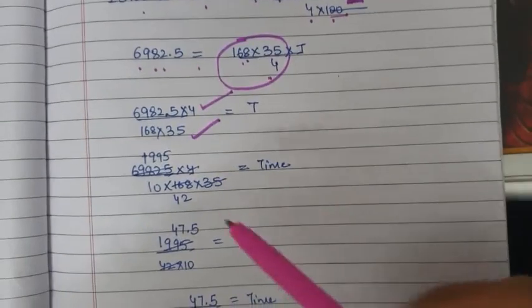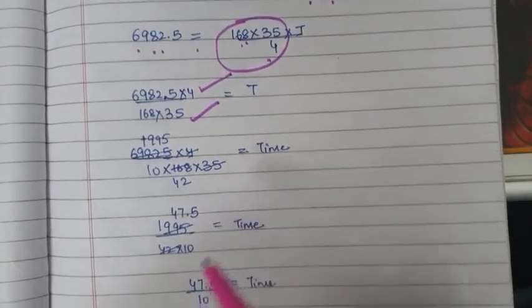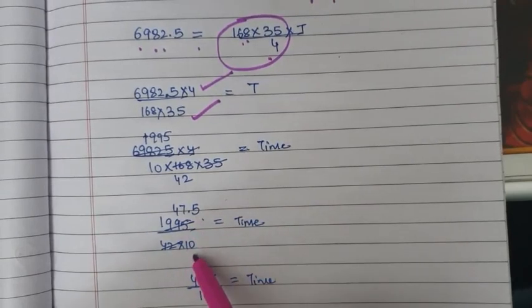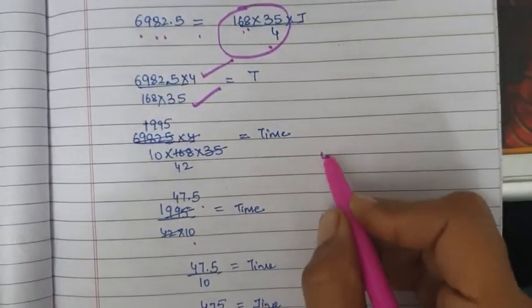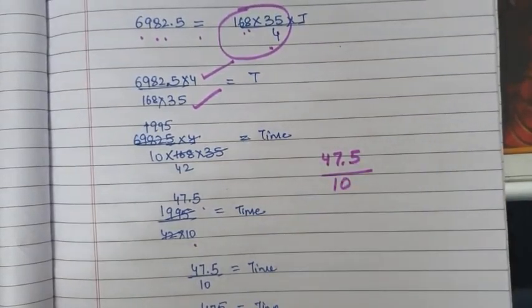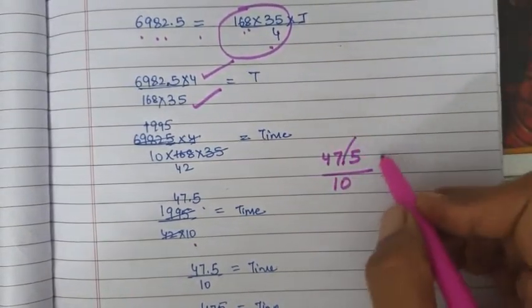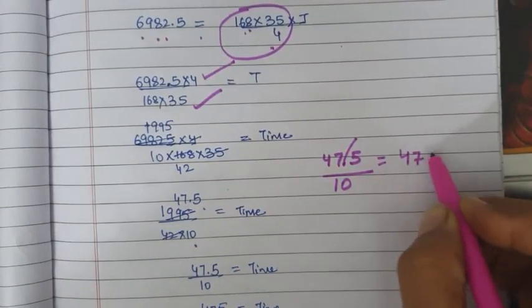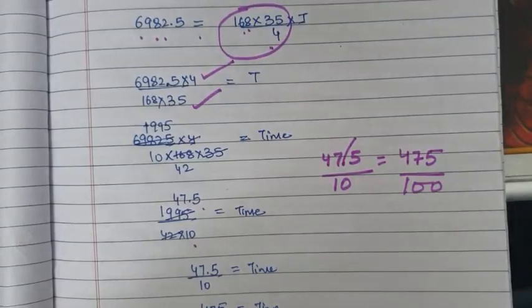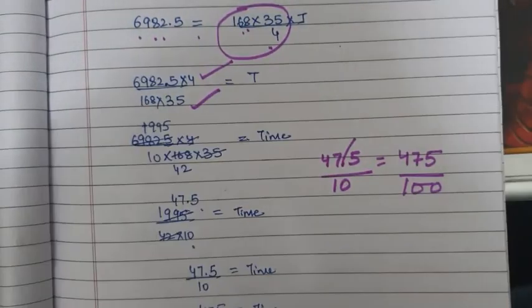So now on cancellation, we get what? 47.5 upon 10. Now remove the decimal. What we get? 475 upon 100. Clear children?